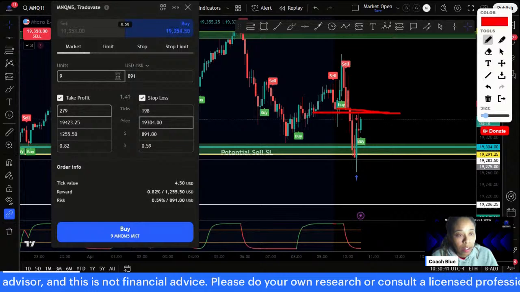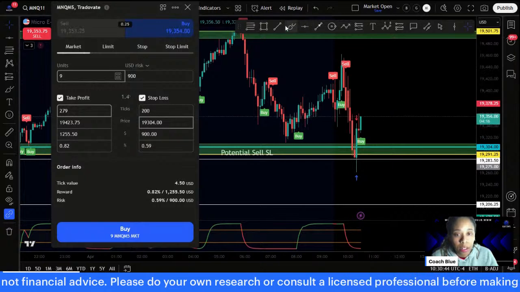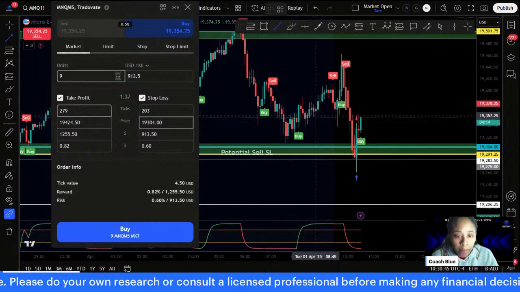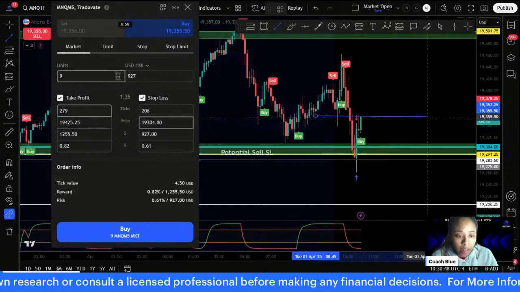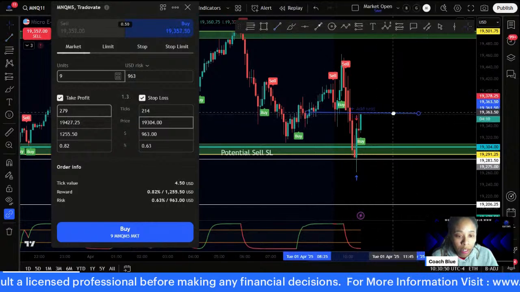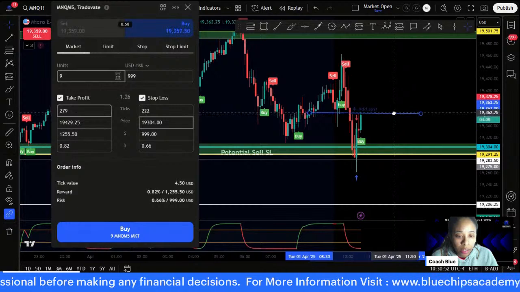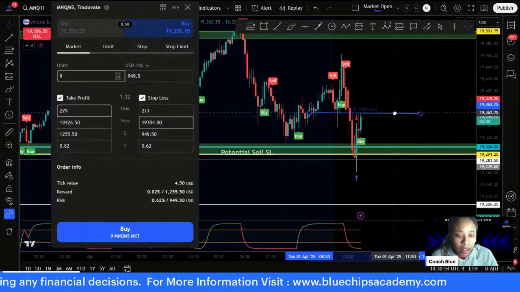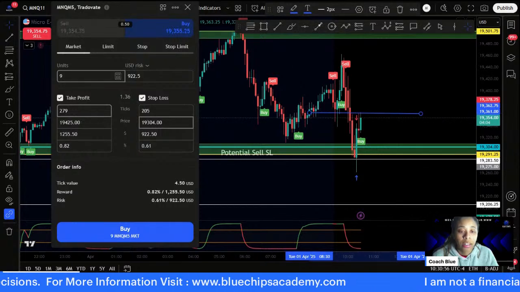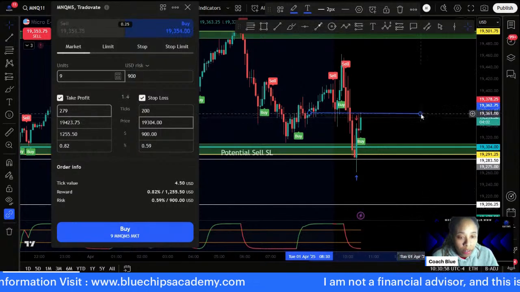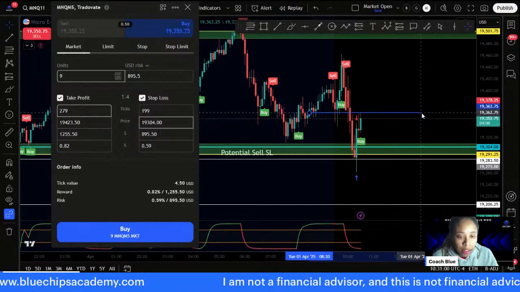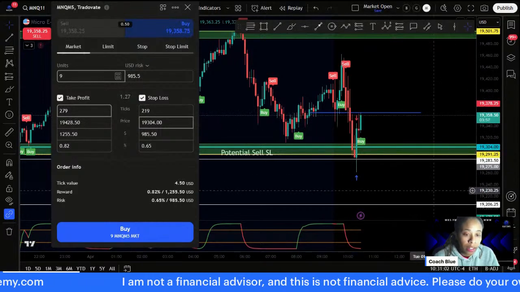Let me put a little small line. If we break past this area, that's a great sign for our buy. But let's see if we can do it.